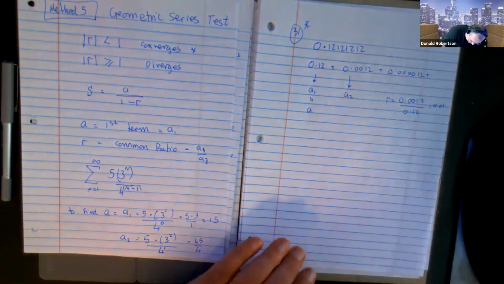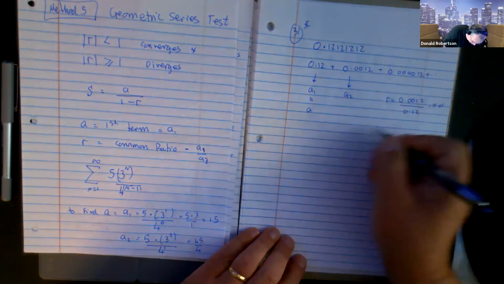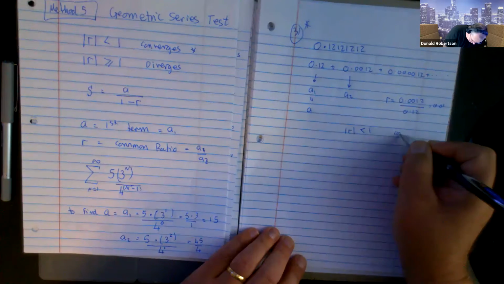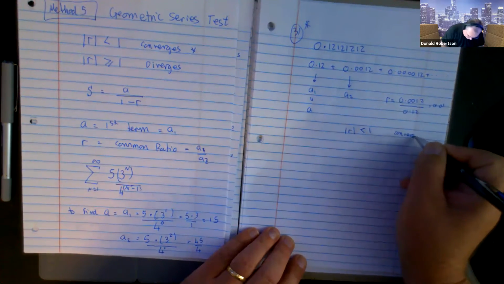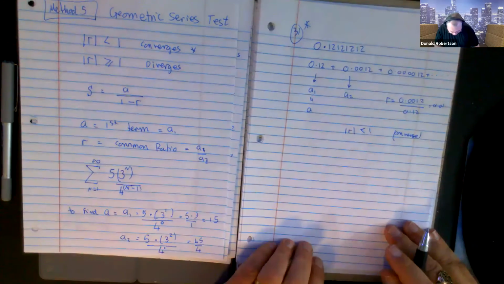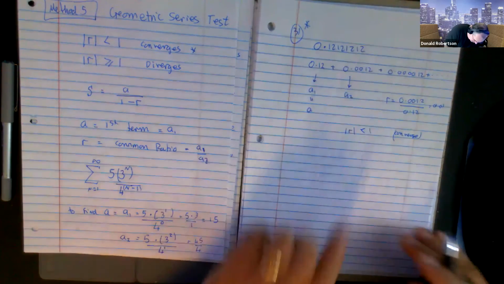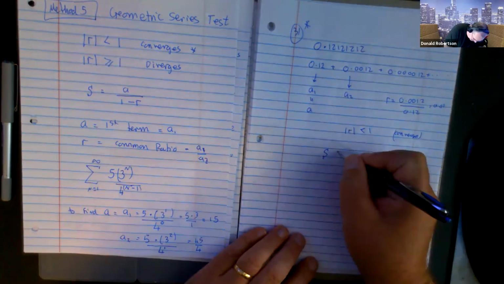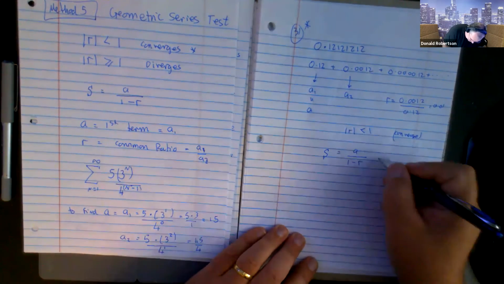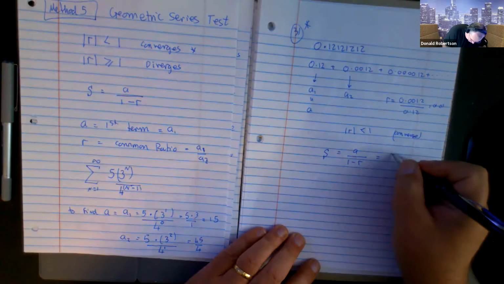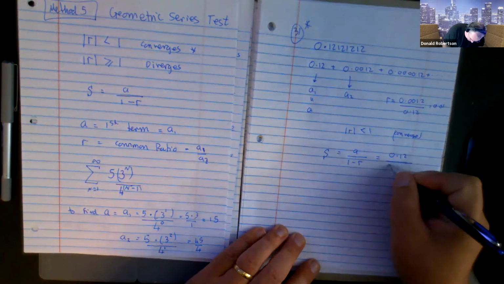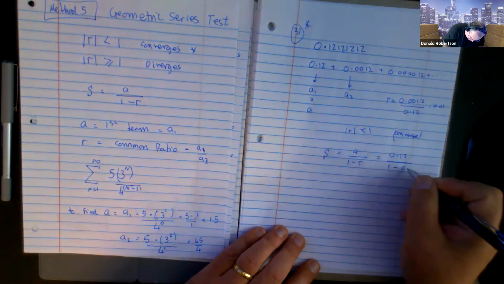So does that guy converge? Well, would you agree that that is less than 1, so it does converge? Which isn't really a surprise, because we kind of know what it converges to. Shouldn't it converge to that guy? So it's A over 1 take away R. It's A, which is 0.12 take away 1 minus R, which is that guy.